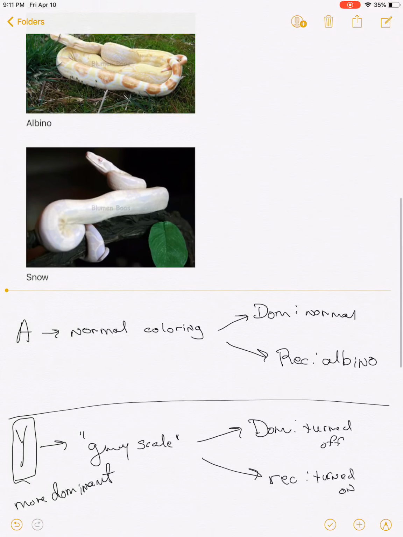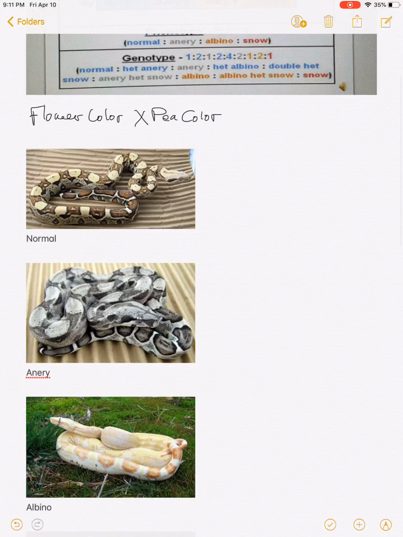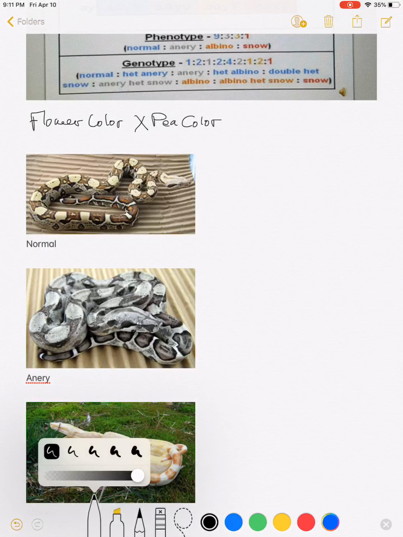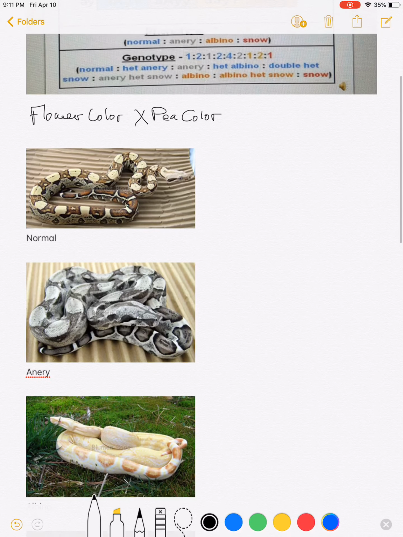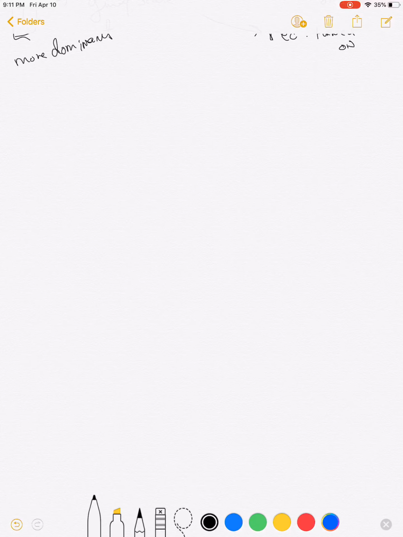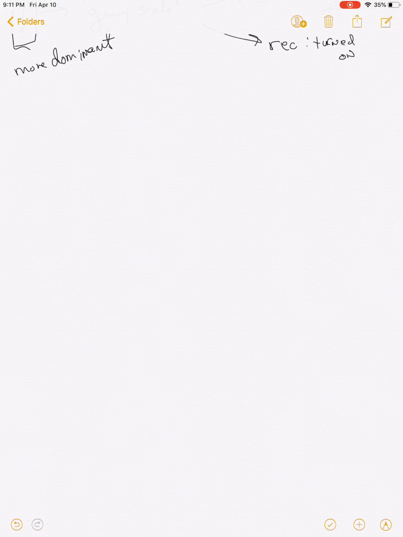So whenever you have this, your normal is going to have some variation of dominance. See if it will actually let me write next to these. Nope. Okay, so your normal is going to have some sort of dominant structure.